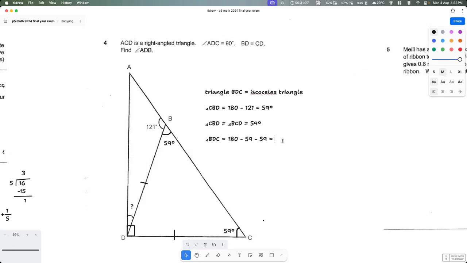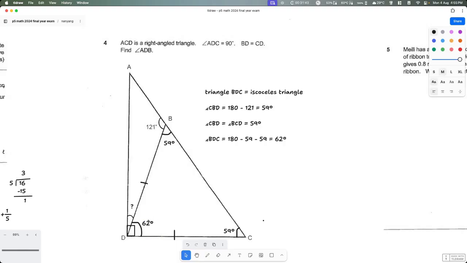This is equal to 62 degrees. Okay, so we know that this over here, I'm going to draw it like this, very ugly, will be 62 degrees.